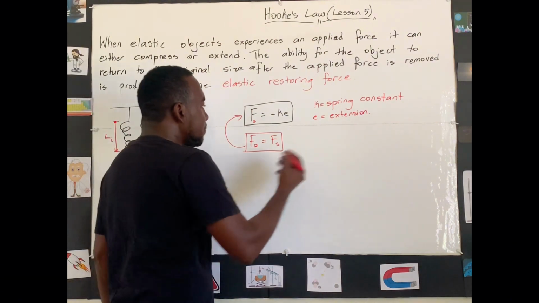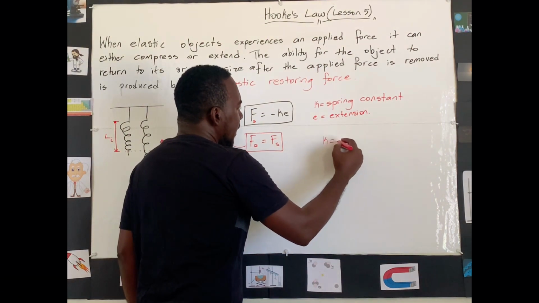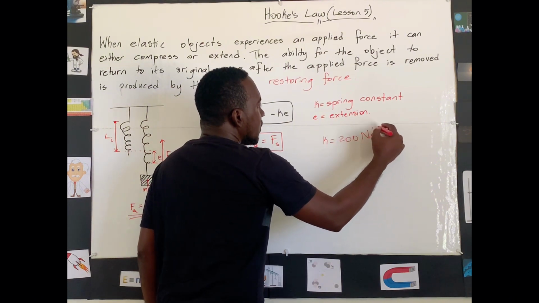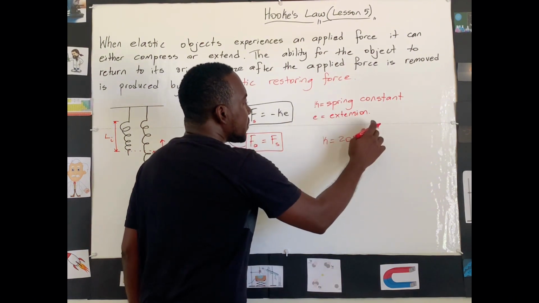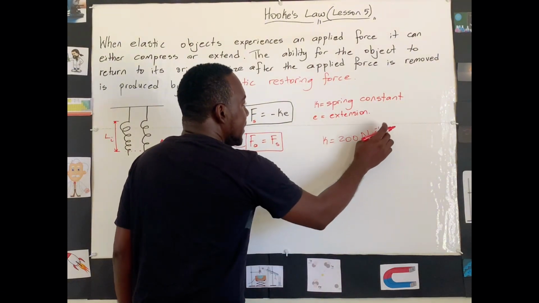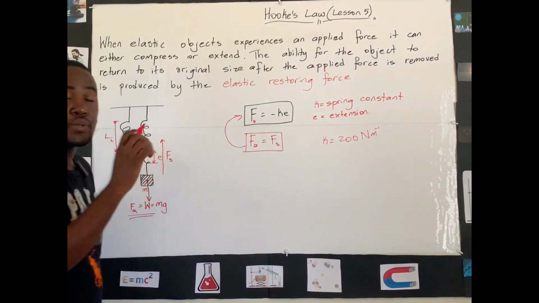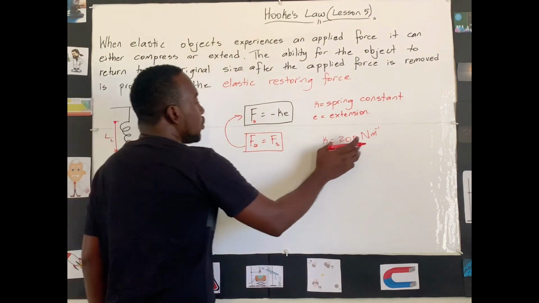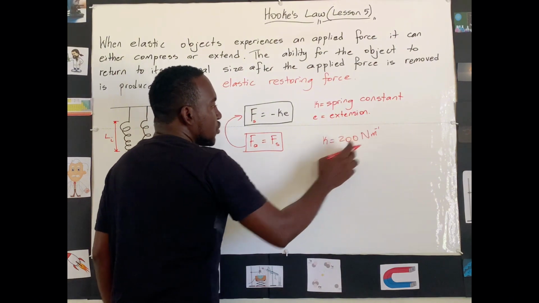So, for example, if we say that k is 200 Newton per meter, then what that means is that for every meter that this object will extend or compress, we need 200 Newton force to do that.